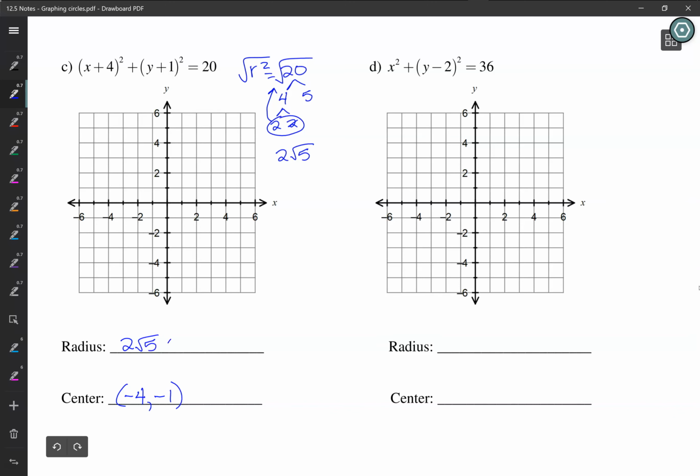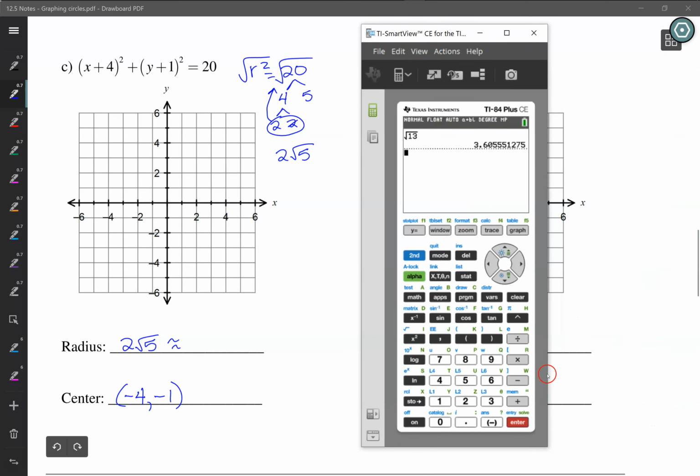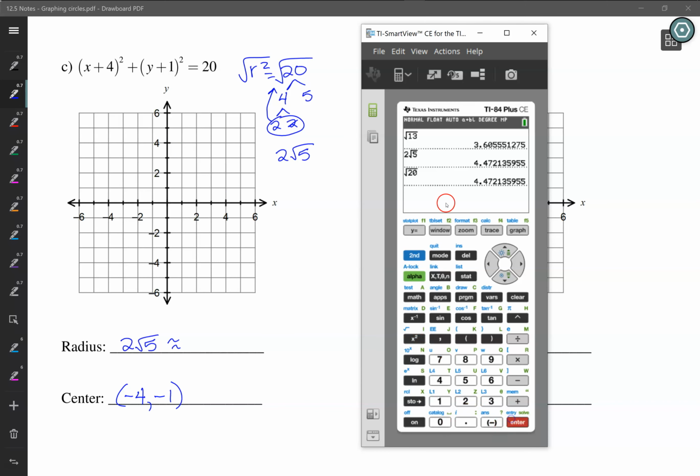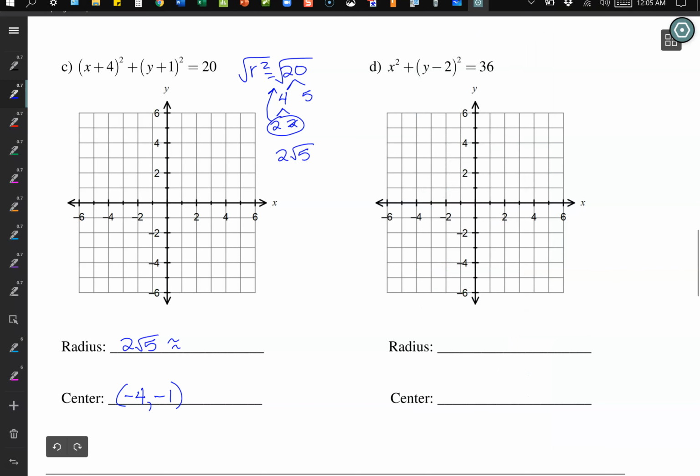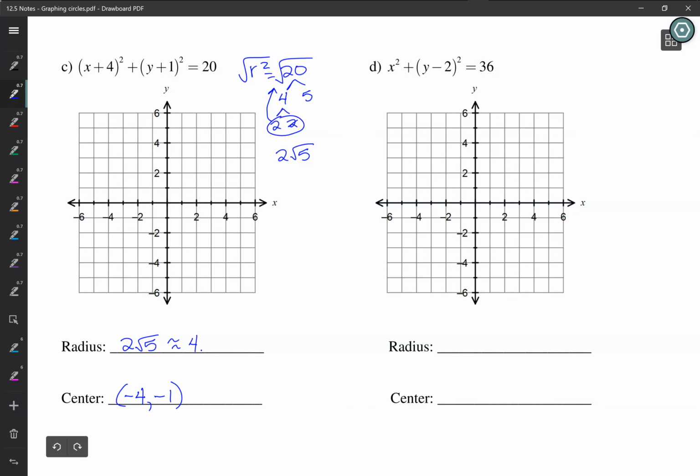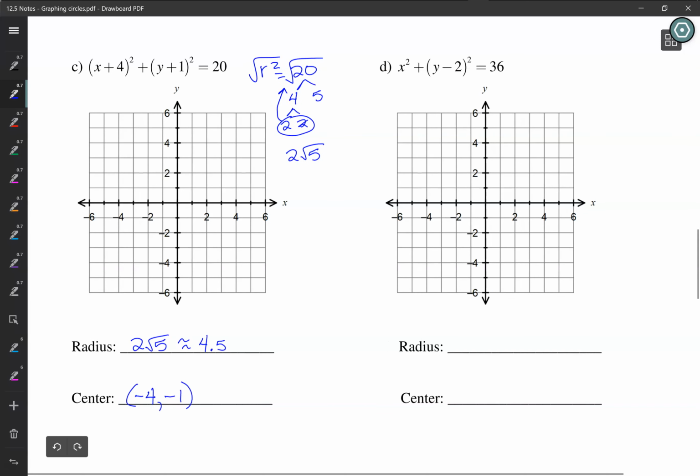But we will need a decimal, whether we have it simplified or not. And even if we had done it without simplifying, we would have gotten the same decimal, about 4.5. So negative 4, negative 1.